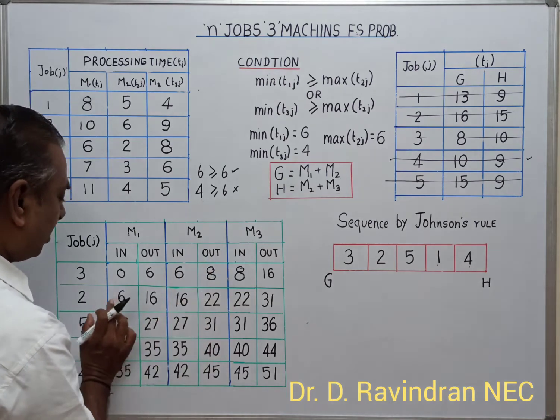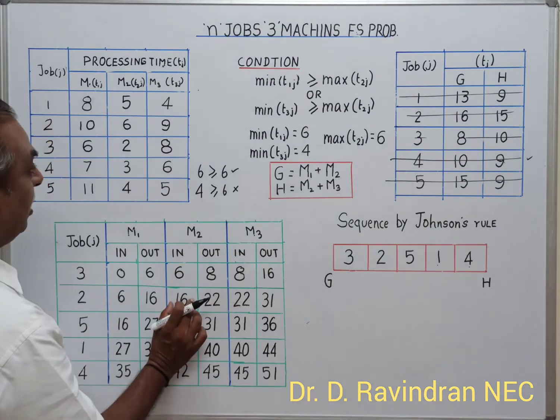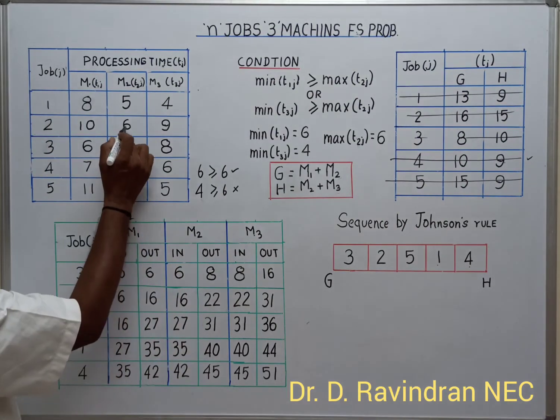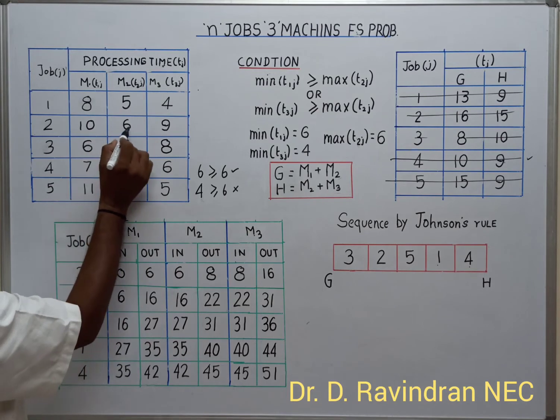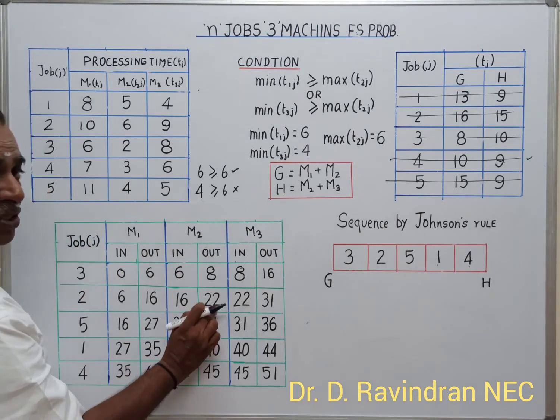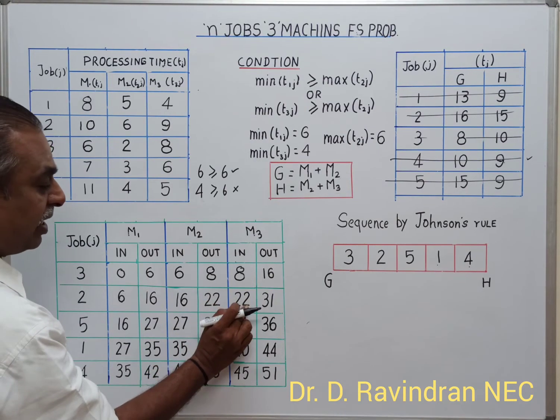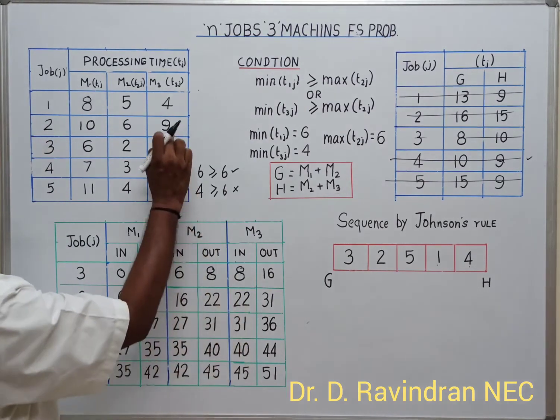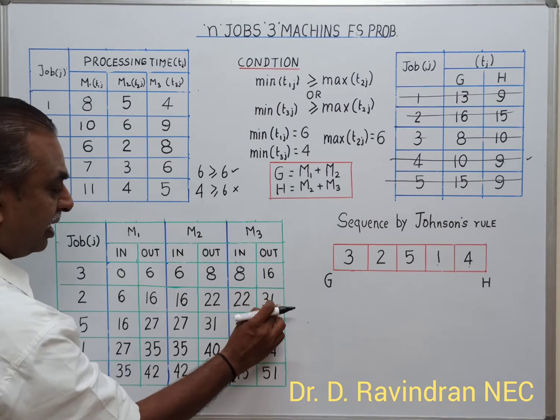It can take up this job only at 16 hours. So at 16 hours, the second job has 6 hours of processing time; 16 plus 6 is 22 hours. Then at 22 hours it can enter machine M3, where it is processed for 9 hours, and it is 31.